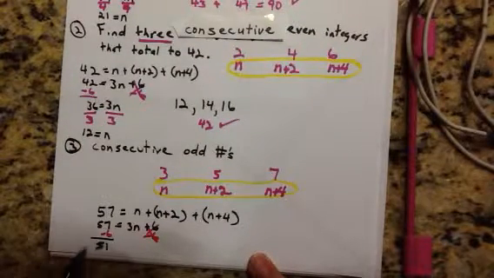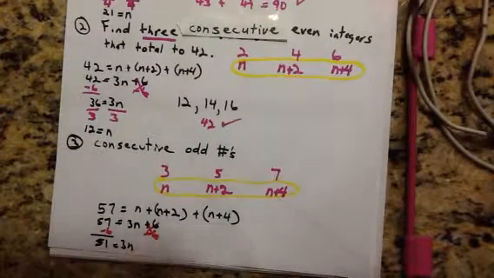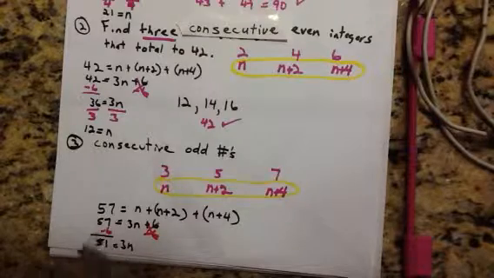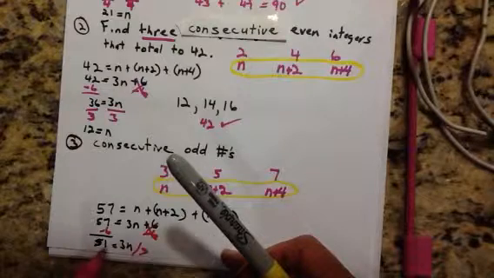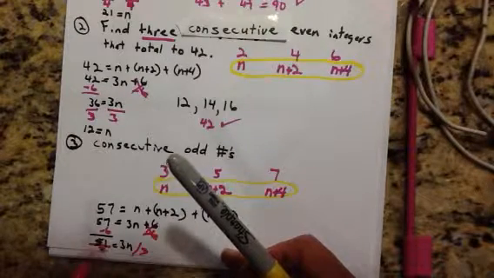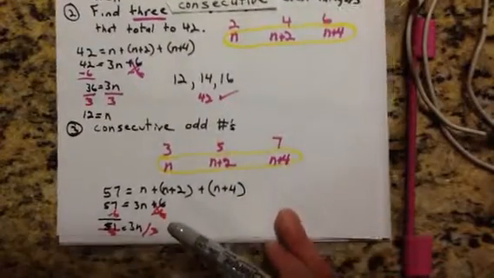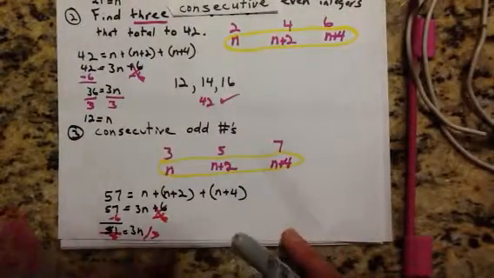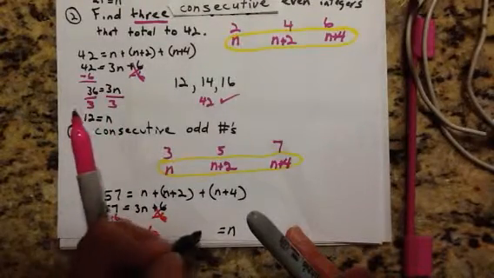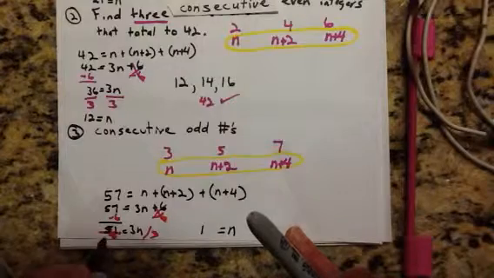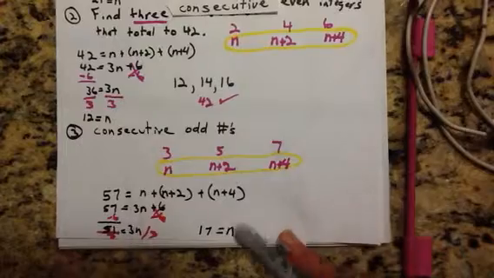We end up with 51. 51 equals 3n. So, if we divide by 3 here and divide 51 by 3, this is getting a little scrunched because I'm running out of space. So that leaves n equals, 3 goes into 5 one time, 2 remainder, carry down the 1, 3 goes into 21 7 times.